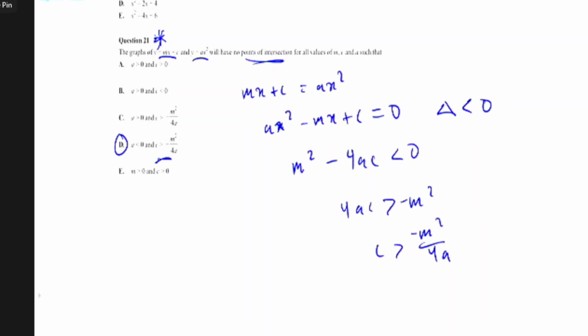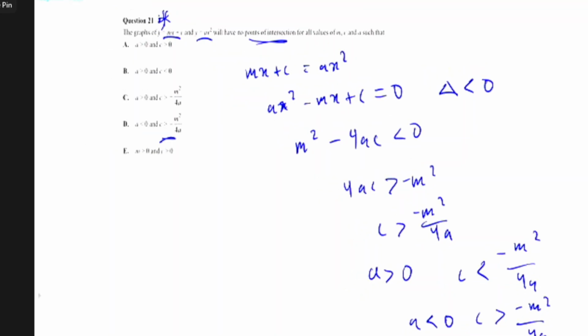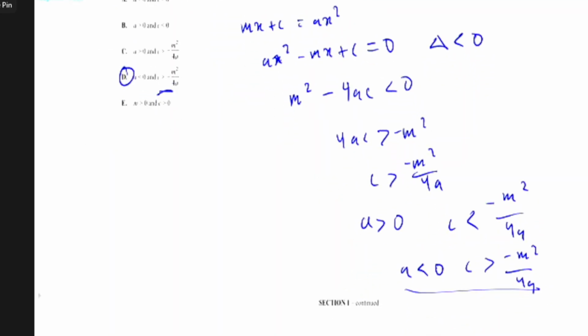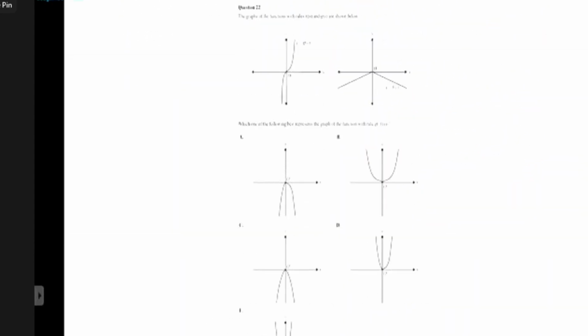Yeah, okay. The best way to show it is when a is greater than 0. So when a is greater than 0, c has to be less than minus m squared on 4a. When a is less than 0, c is greater than minus m squared on 4a. And the only option that satisfies both of these conditions is D. So that's just coming from the CAS. I think that's all the multiple choice done, because this is mod.